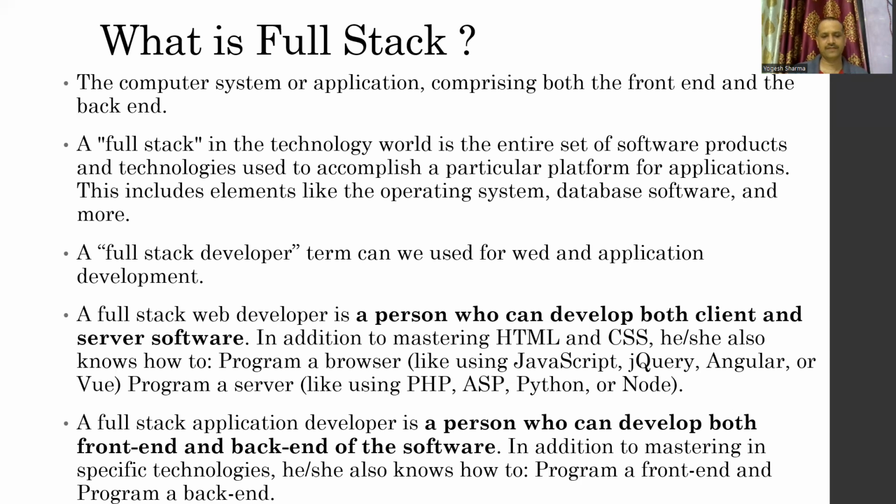And after that, if I say the full stack application developer, this is a person who can develop both the front end as well as the back end of the software. And that person should have mastery of specific technologies, and should also know how to deal with the front end as well as the back end.